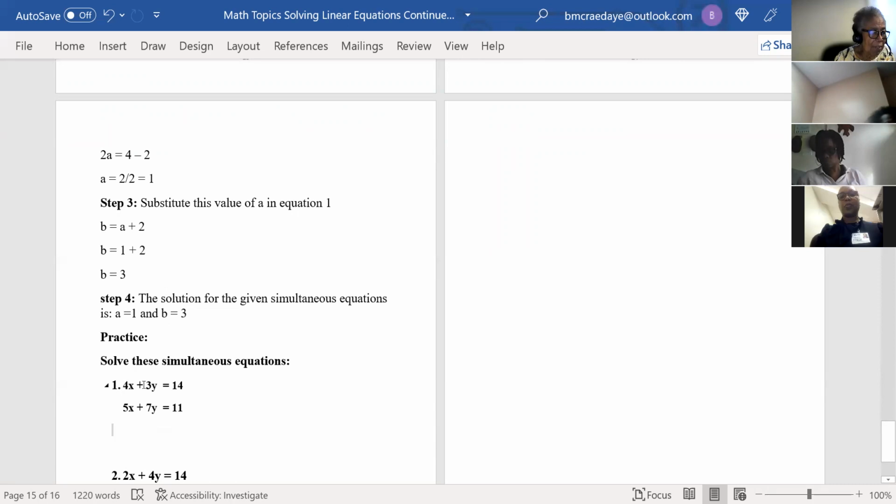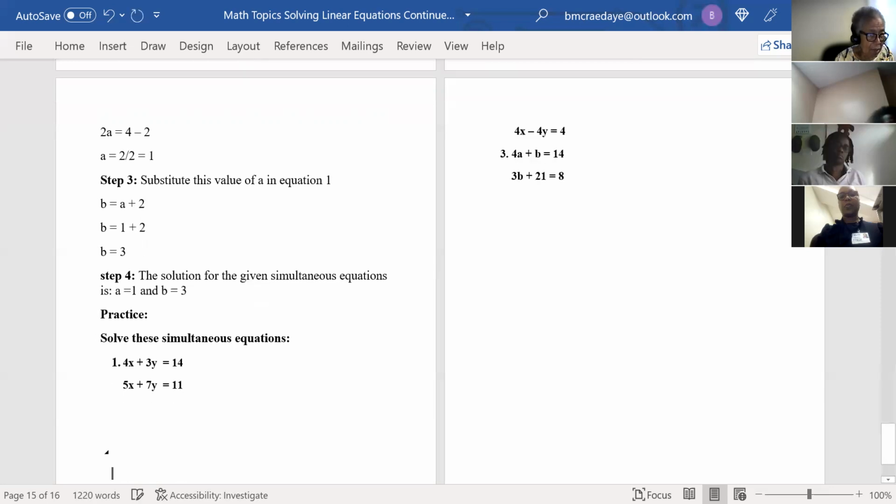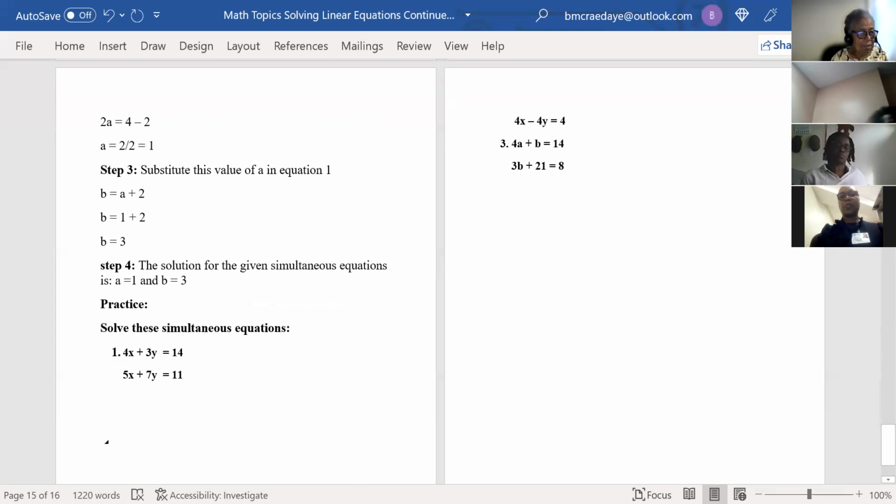In other words, make both of these equations where they would have the same variable and coefficient, and then you can subtract it and solve it. Just do the first part and tell me one of the values, and then we can do the other one.